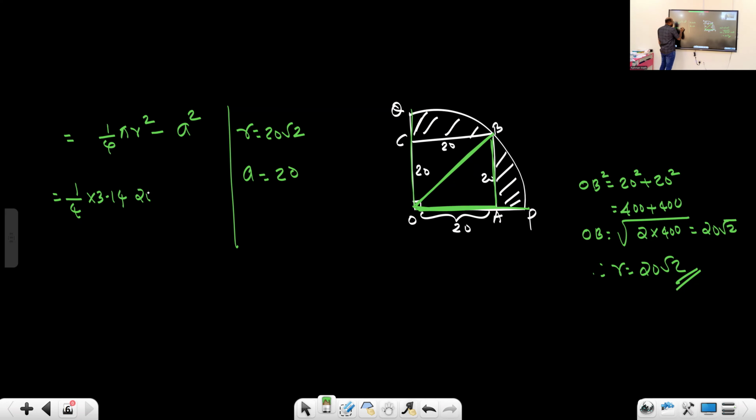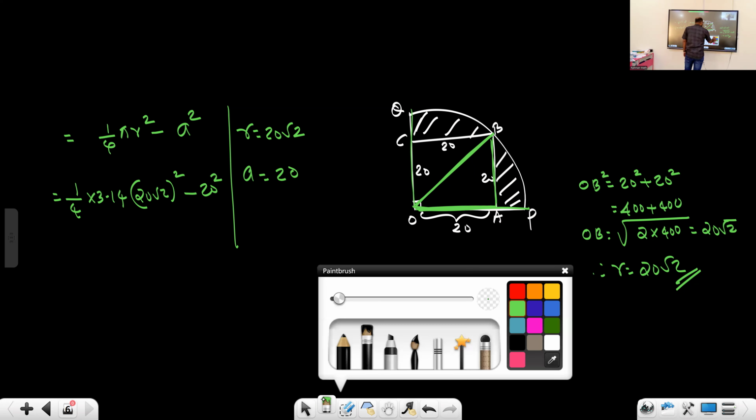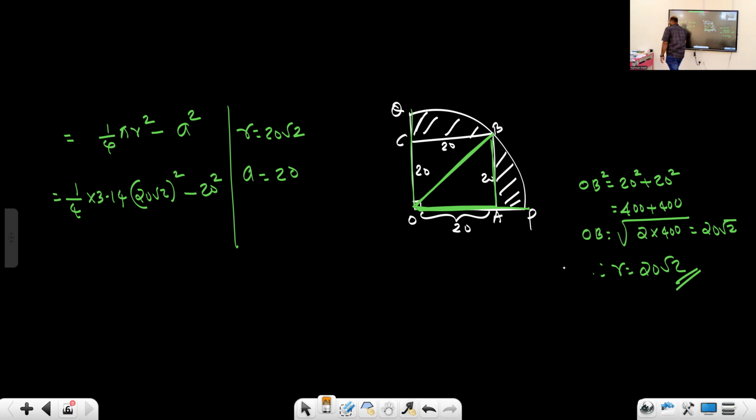R square meaning 20 root 2 square, minus a square meaning 20 square. So 1 by 4 into, what is 20 square? 400, root 2 square is 2, minus 400.